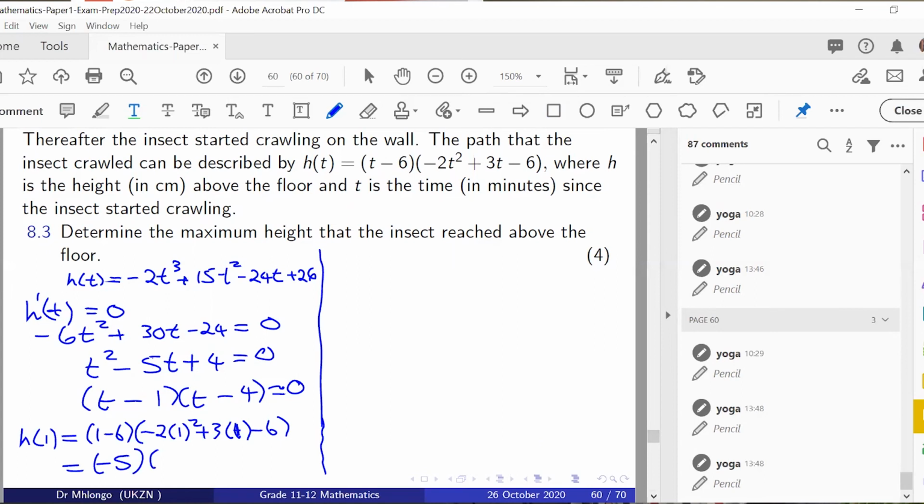That is minus 2 plus 3 is 1, minus 6 is minus 5, and the answer is 25.